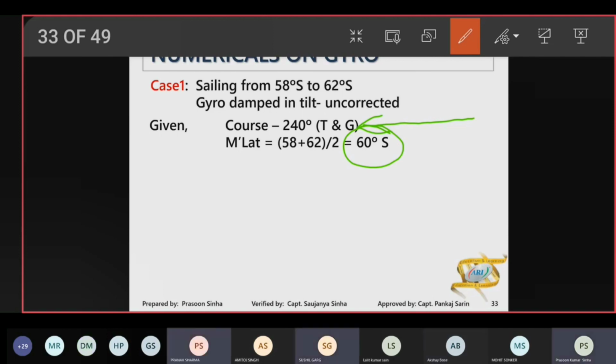And steaming error has to be equal and opposite. Both are cancelling out. If 2 degrees east, then 2 degrees west, both cancel out, so the gyro is going to read the same. Yes, sir. SC minus D is equal to 0 basically. Yes, exactly. So it is to imply that DE is equal to SE and equal and opposite.